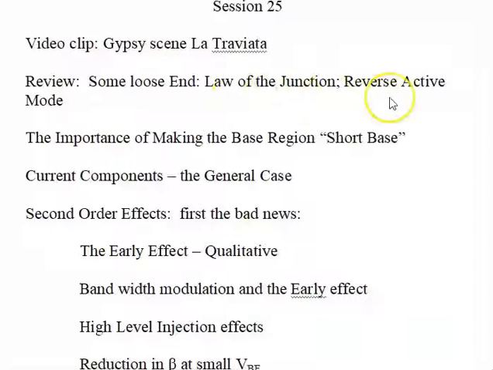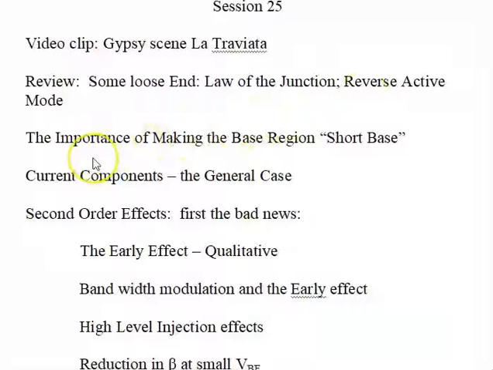Then we'll take a look at the reverse active mode. We took a look a little bit at these modes. The forward active is the main mode, the saturation mode, the reverse active mode, and the cutoff mode, which we haven't really discussed very much.